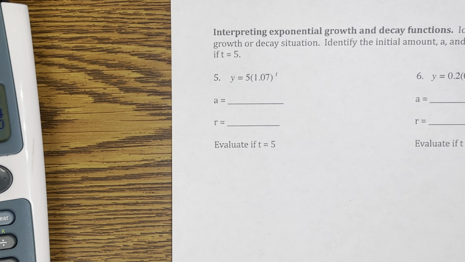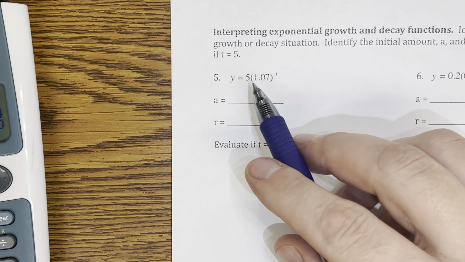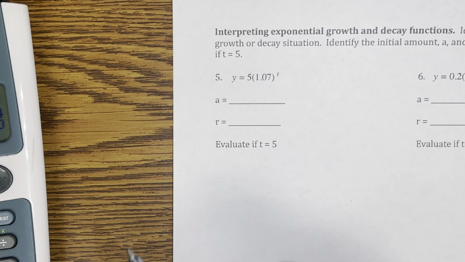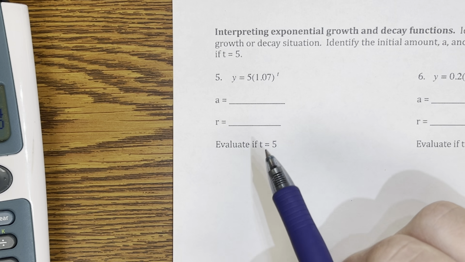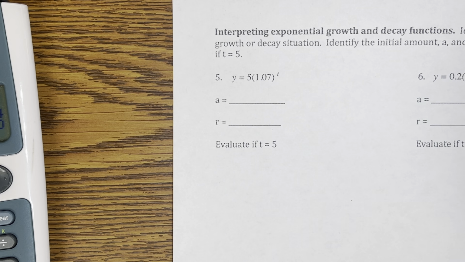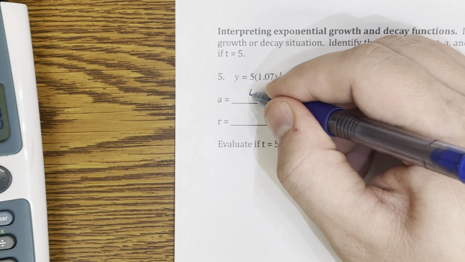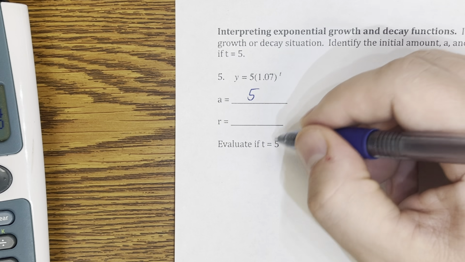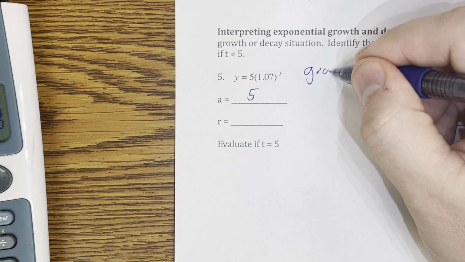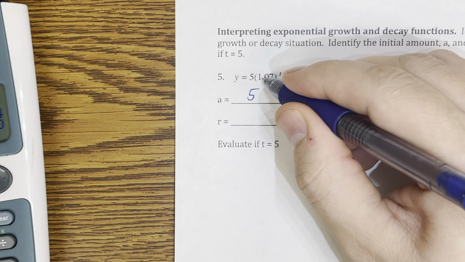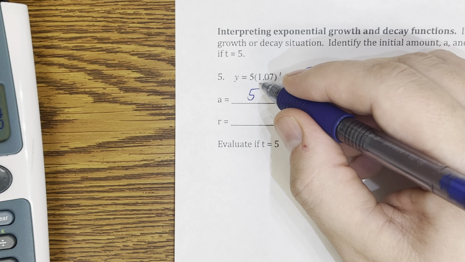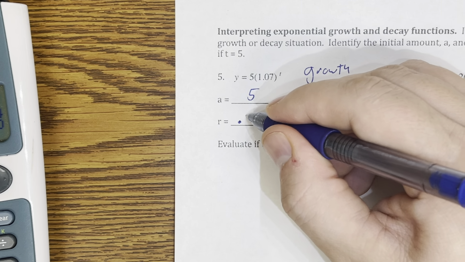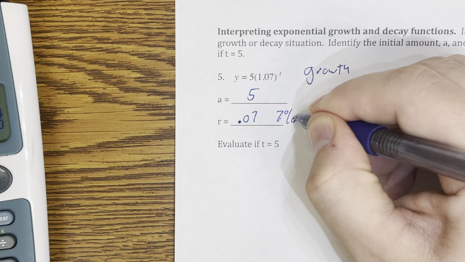Next one, identify each as exponential growth or decay. So I have to look inside the parentheses. Then I'm supposed to identify A and the R, so the actual rate. Okay, so A, starting at 5, 1.07, so that's bigger than 1. So this is growth. Our rate is however far away it is from 1. This is 0.07. Which is 7%.